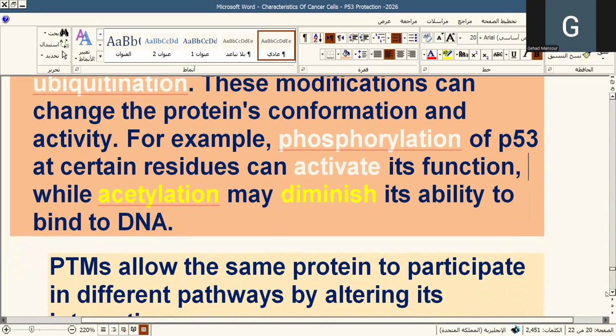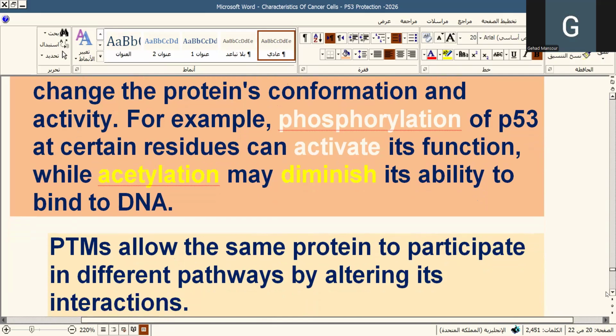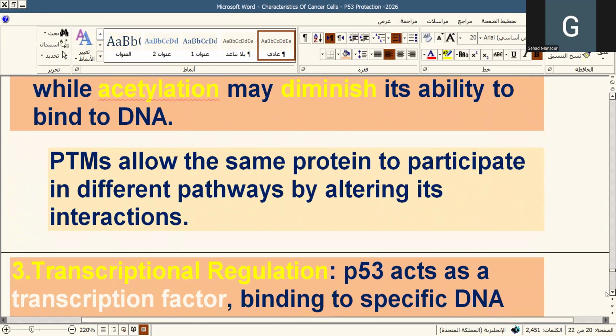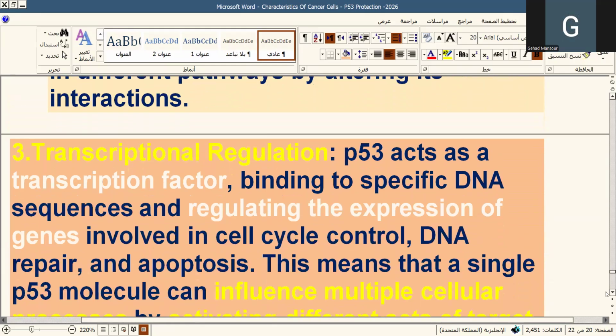So ubiquitination is a way of labeling P53 to destroy it. These post-translational modifications allow the same protein to do several functions or to participate in different pathways.